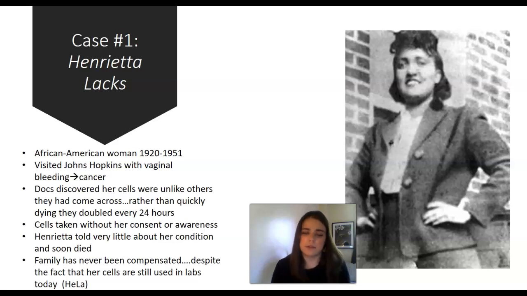She could have been given more treatment, but because of her position as a Black woman, she was neglected by the doctors. However, while she's being neglected, her cells are being taken without her consent and used in the lab, right? To this day, her family has never been compensated for the use of her cells, which are still used in labs today. Okay, that's how big of a deal it was, right?